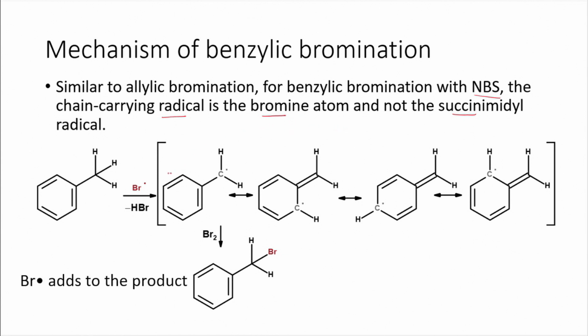the bromine atom. Once the bromine atom is formed, it abstracts a beta hydrogen. When it abstracts the beta hydrogen atom, HBr is formed and eliminated, and then we end up with a radical on this benzylic carbon atom.